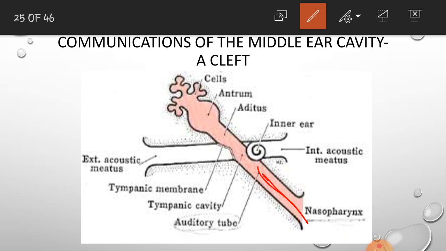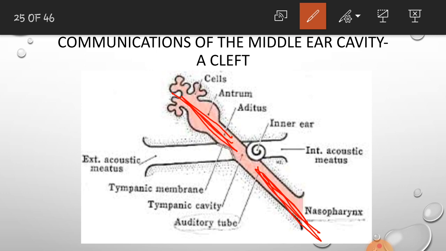Here you can see the communication of the middle ear cavity through the pharyngotympanic or the eustachian tube with the nasopharynx, and posteriorly it is communicating with the mastoid air cells through the antrum or aditus to the mastoid air cells.